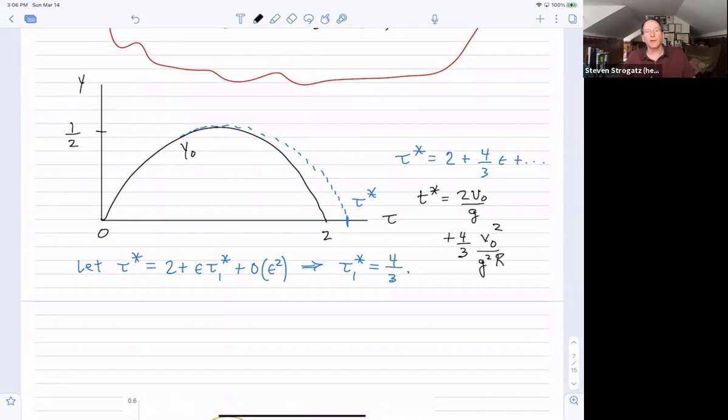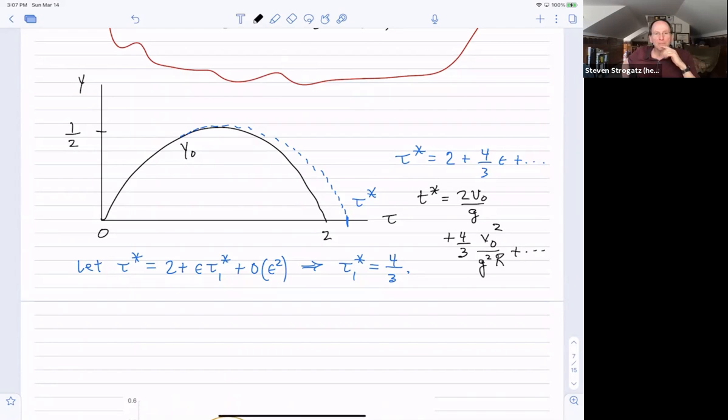Lots of constants in there. And that is, of course, a small term because of the enormous radius of the Earth compared to the height of the projectile. So I'll let you check the details on that.